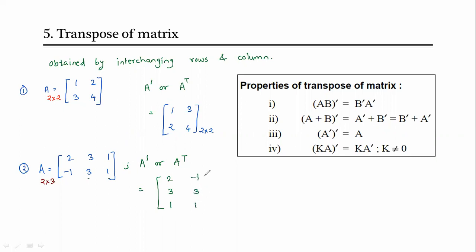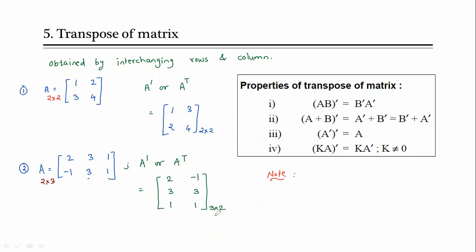So you have to interchange what? Rows and columns. So this is your transpose. Okay, now note one more thing, what will be the order of this matrix? It is 3 by 2. So if you are observing matrix A, what is the order? 2 by 3.